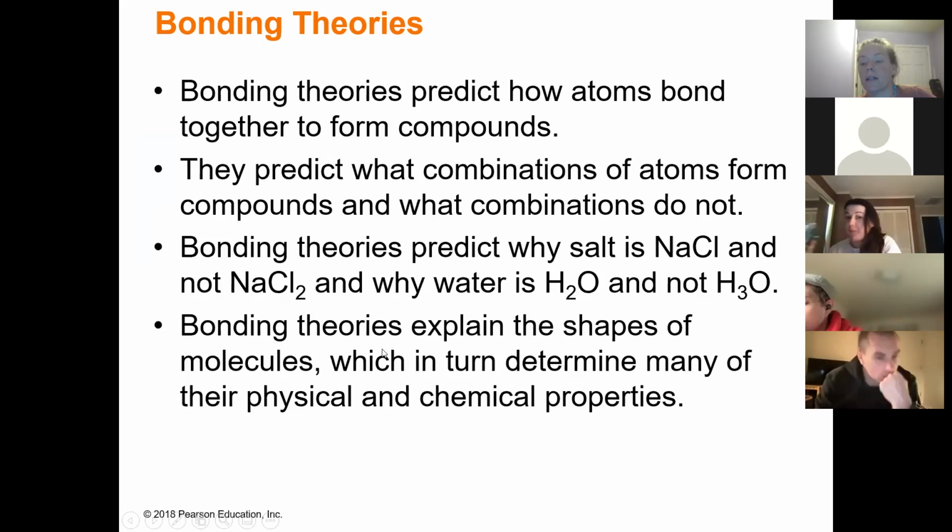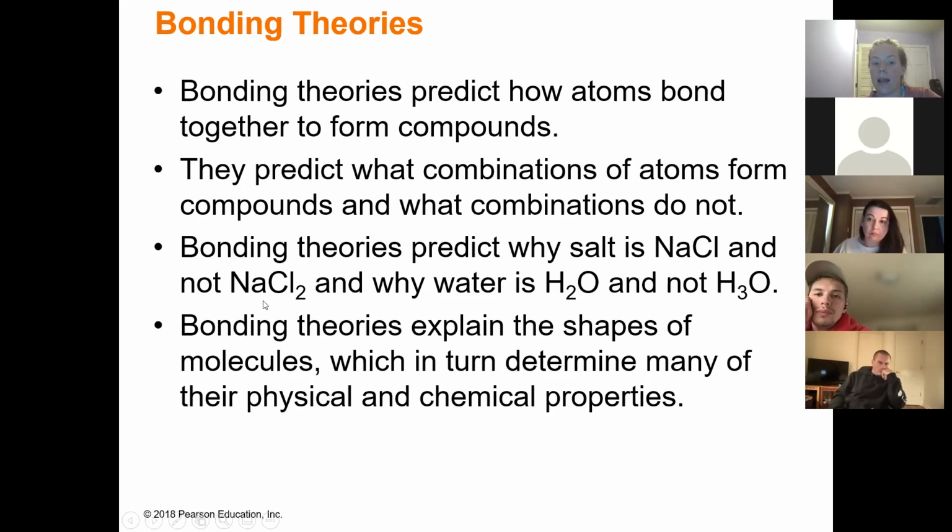So bonding theories are a series of theories that help us to predict how atoms bond together in order to form compounds. Because in general, atoms come together in a consistent, somewhat predictable way. Yes, there's always that one offshoot of, oh, it doesn't satisfy an octet or it's acting kind of strange. But in general, things tend to combine together in a consistent way. Bonding theory helps us to predict why salt is NaCl and not NaCl2.